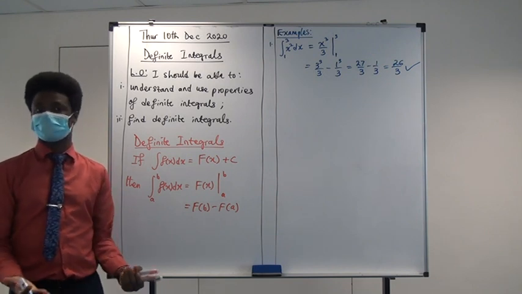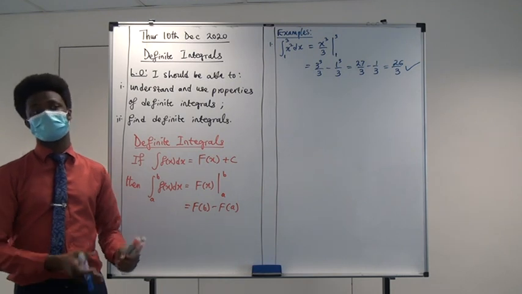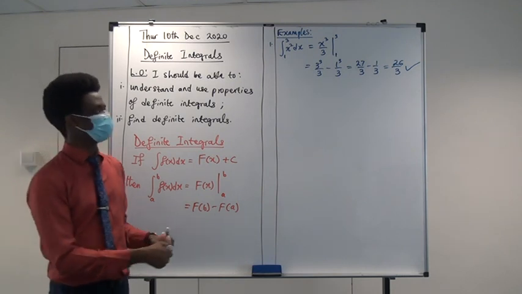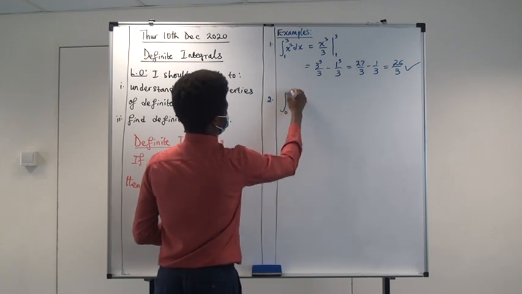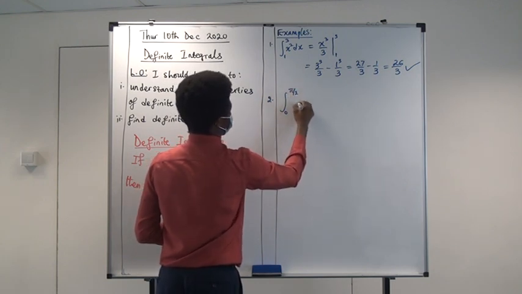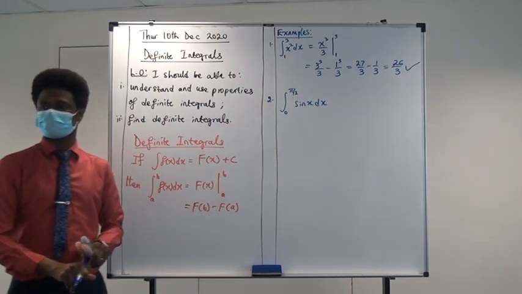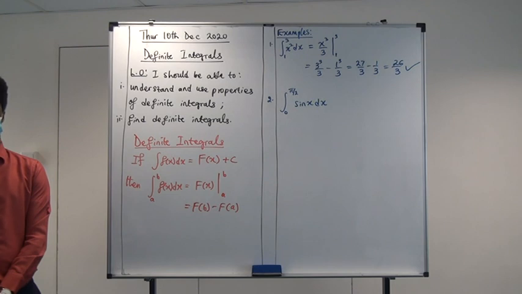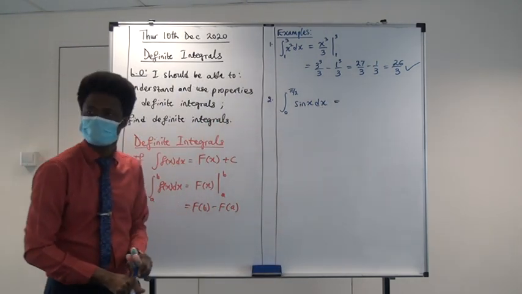So that's why I said it's a short topic. We just need to know all the techniques we have been using so far. I can have maybe from 0 to pi over 2 of sine x dx. Okay? Again, what is the integral of sine x?